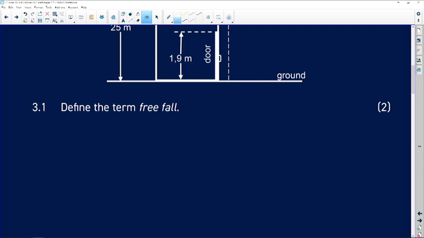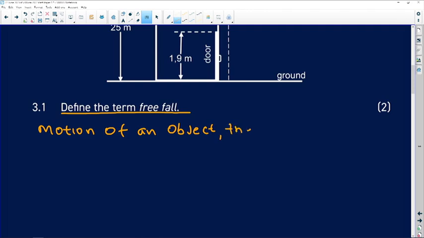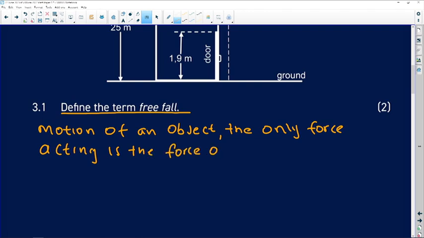3.1 says: define the term free fall. What we need to know about free fall is that a free fall is a motion of an object under which the only force acting is the force of gravity.